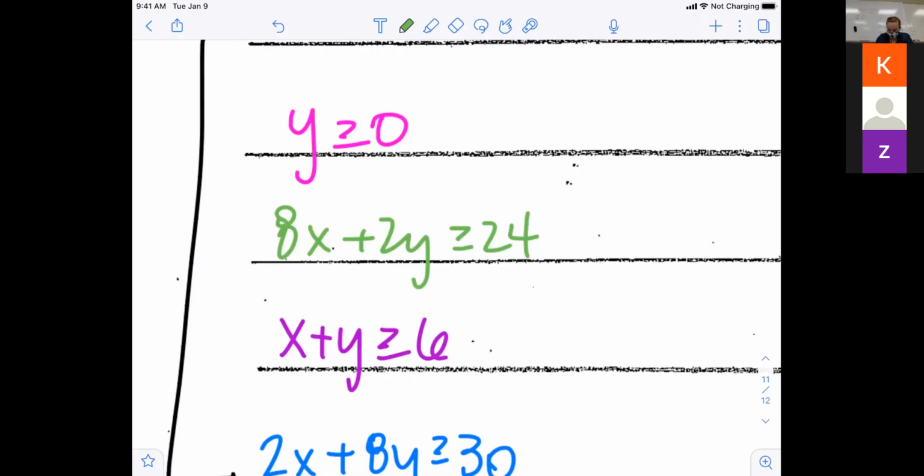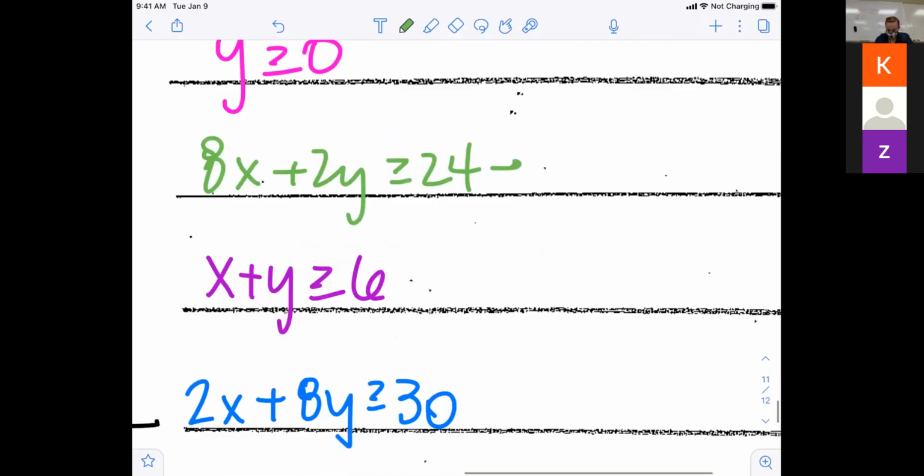Minus 8x and divide by 2. So y is greater than or equal to negative 4x plus 12. Okay, so I'm going to go to 12 and down 4 over 1.